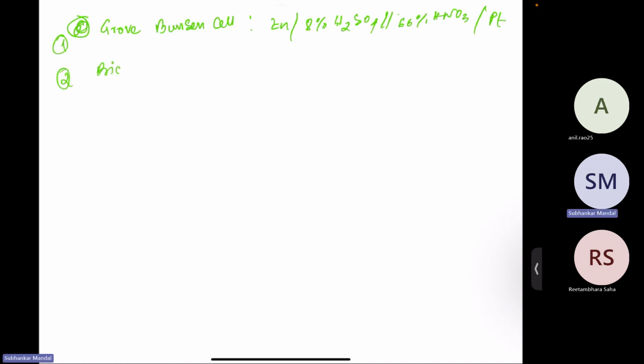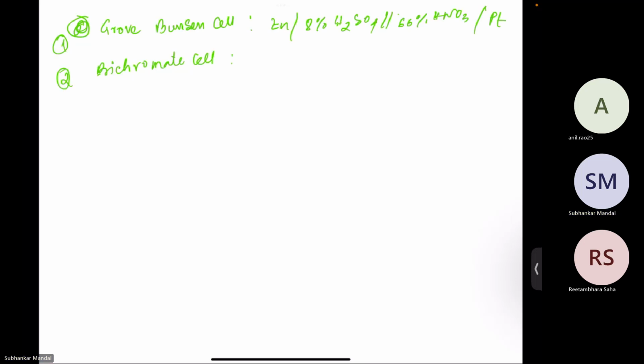called the bichromate cell. So what is the bichromate cell? Basically you are using chromate. So here you have zinc and chromic acid, H2CrO4.